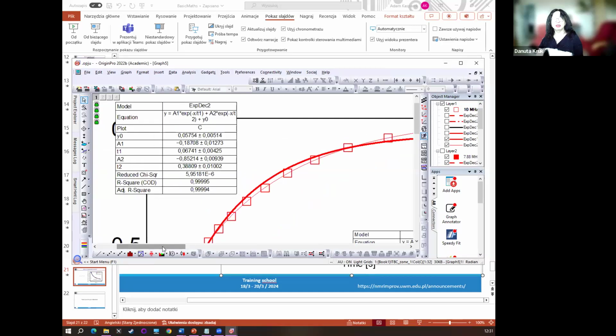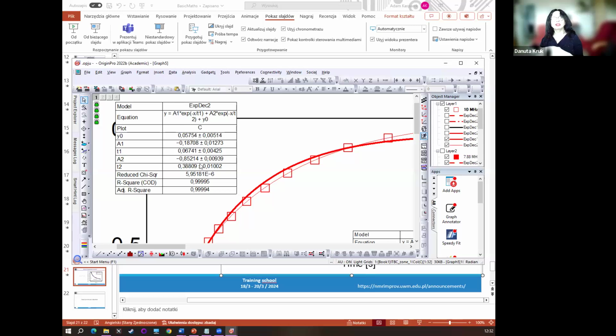One possibility is to write software, which, for instance, Kahinga, who is in the audience, did. However, before you write software, or decide to do it manually, you have to understand the subject. Because there are those two amplitudes, A1 and A2. And sometimes the question is, what is the relative contribution of the fast relaxation process, or of the slow relaxation process?